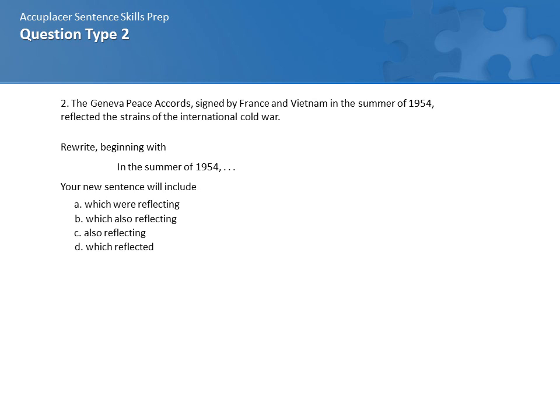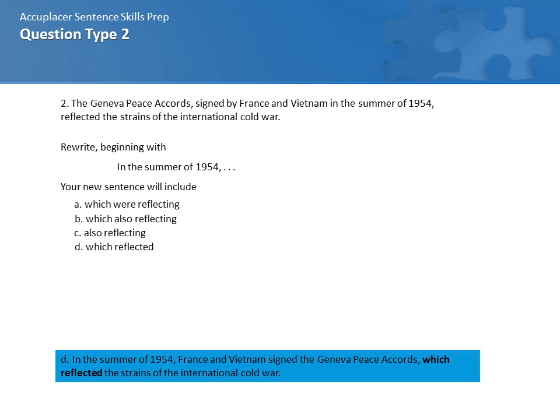Our 4 choices are A, which were reflecting, B, which also reflecting, C, also reflecting, and D, which reflected. The best answer here is D, which reflected. We can imagine a sentence that might read like this. In the summer of 1954, France and Vietnam signed the Geneva Peace Accords, which reflected the strains of the international Cold War.